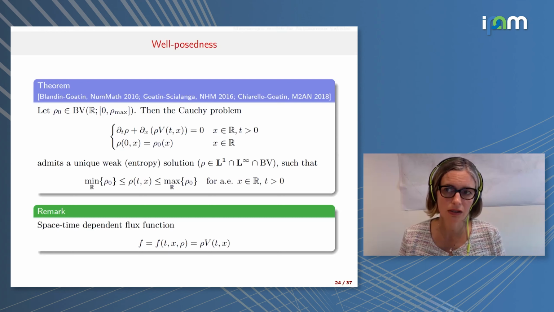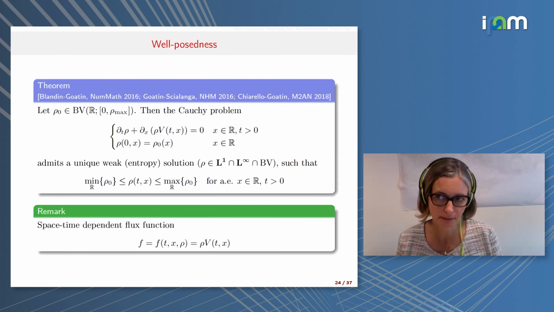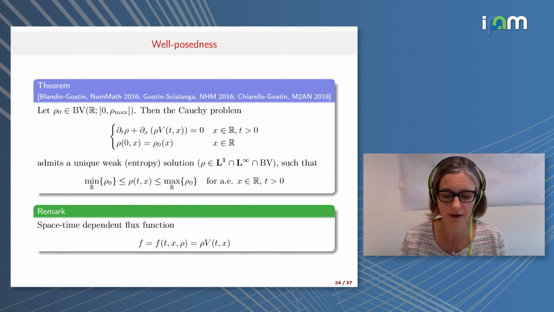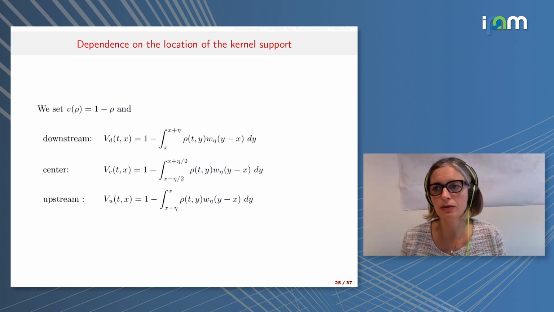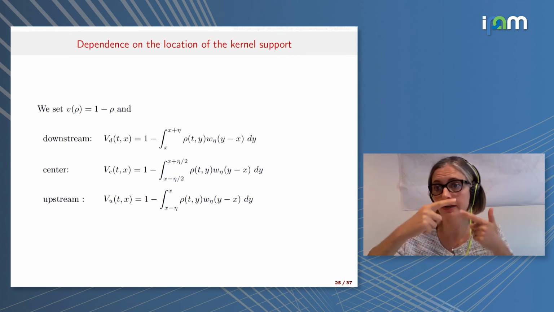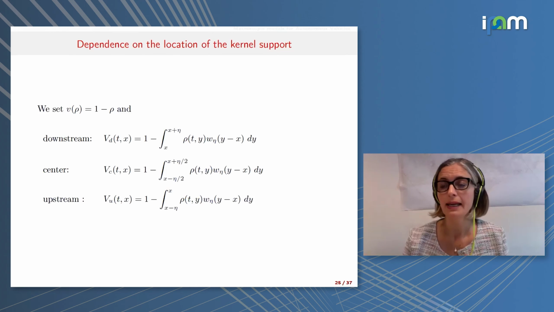So this is not obvious at first sight, that the model has the nice features it has to have to describe traffic. As you saw, I'm assuming that I'm looking forward, that my integration interval is from my position x to x plus eta, and that the weight I'm using to weight the density is non-increasing.